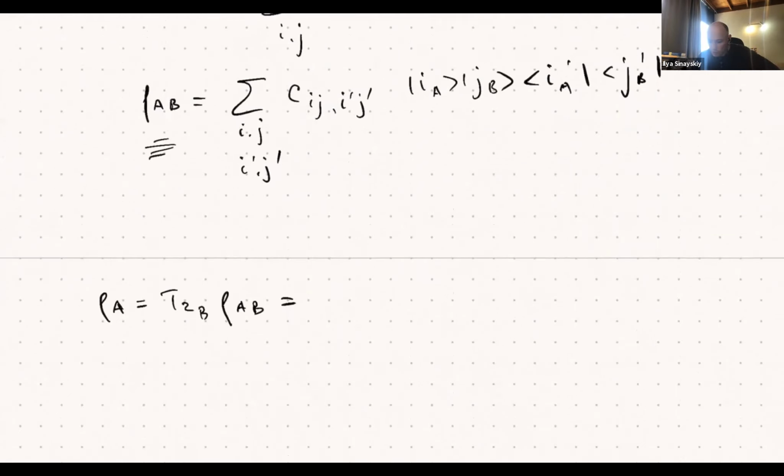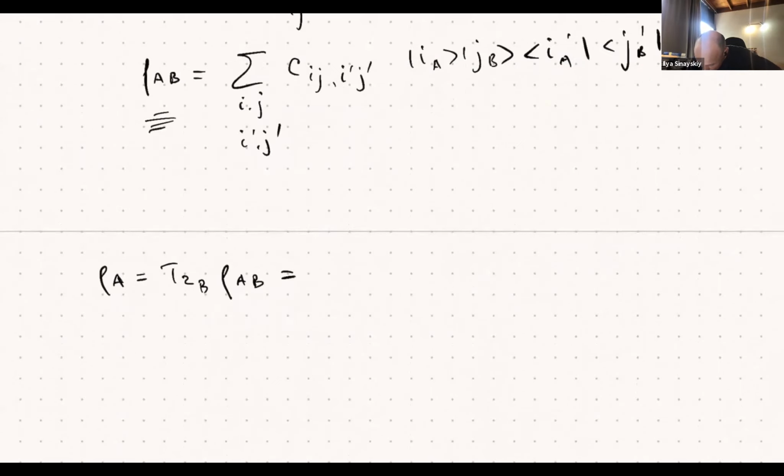In our expansion, it's only going to be expanded in the basis vectors of system A, and the basis vectors in system B are going to be summed up and traced out. So it's going to be a sum over i and i' and a sum over j.